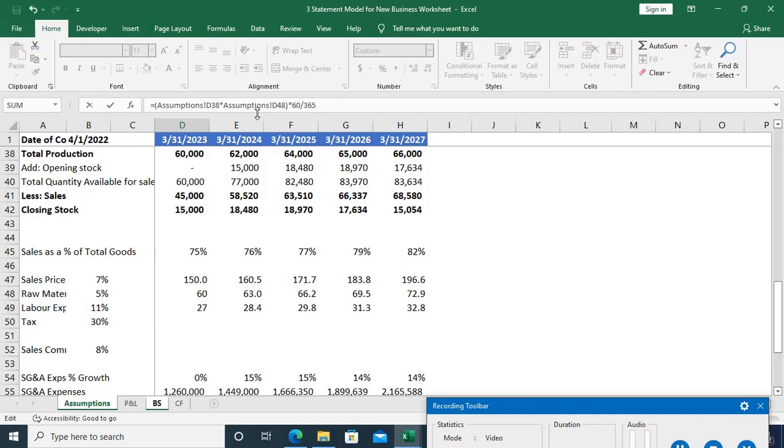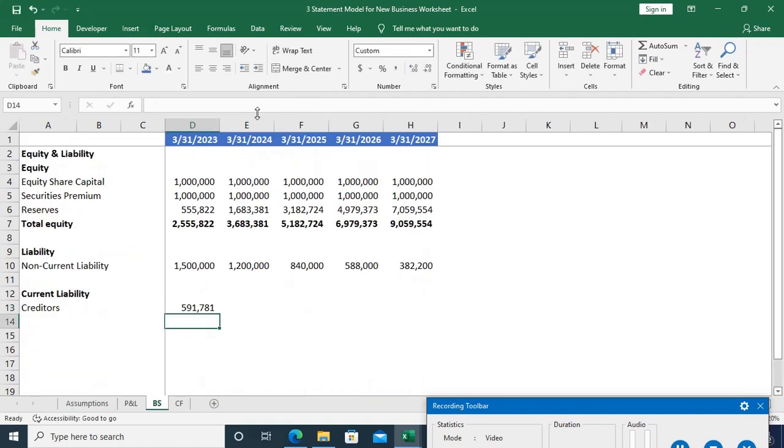That means for the last 60 days, you have purchased raw material. You must have bought it at some point during the year, so on average let's assume you have purchased the raw material equally distributed throughout the year. Now when you are multiplying by 60 divided by 365, that means dividing by 365 gives one day's raw material cost, multiplied by 60 days, because that is the 60-day creditors period, right? So this is the creditors amount here, control R.